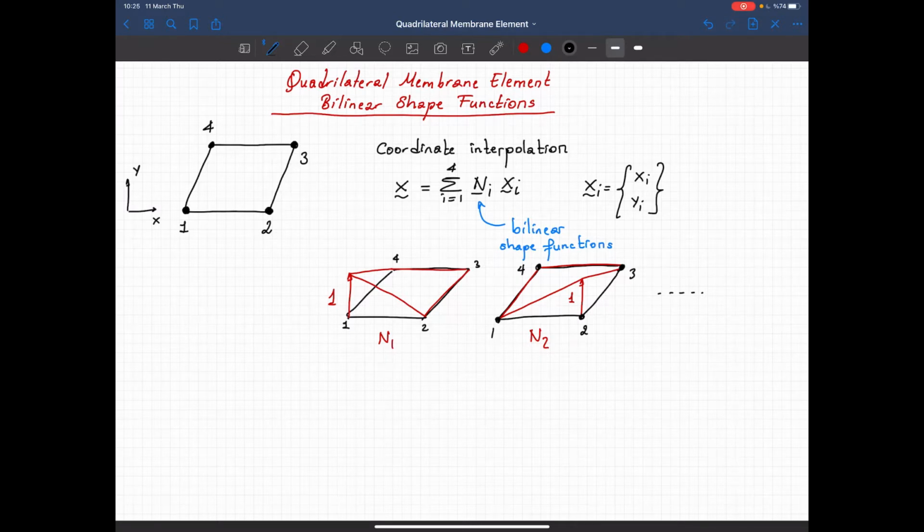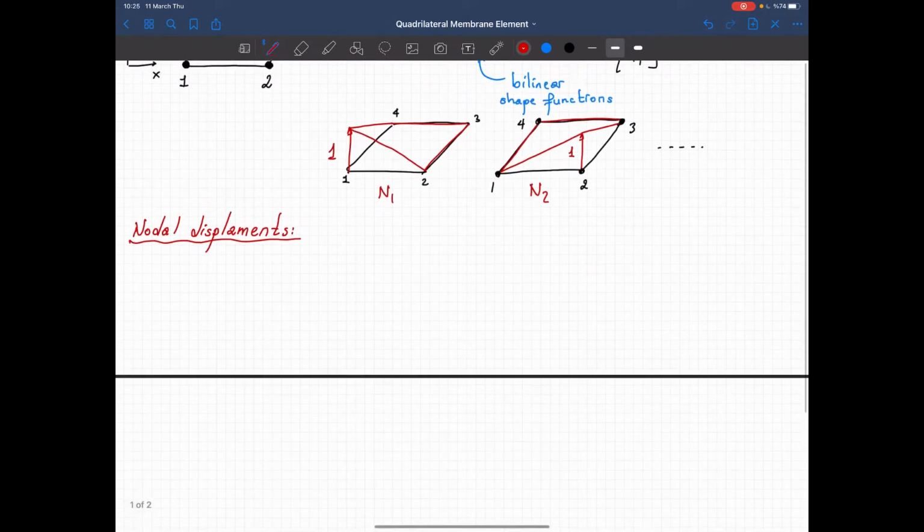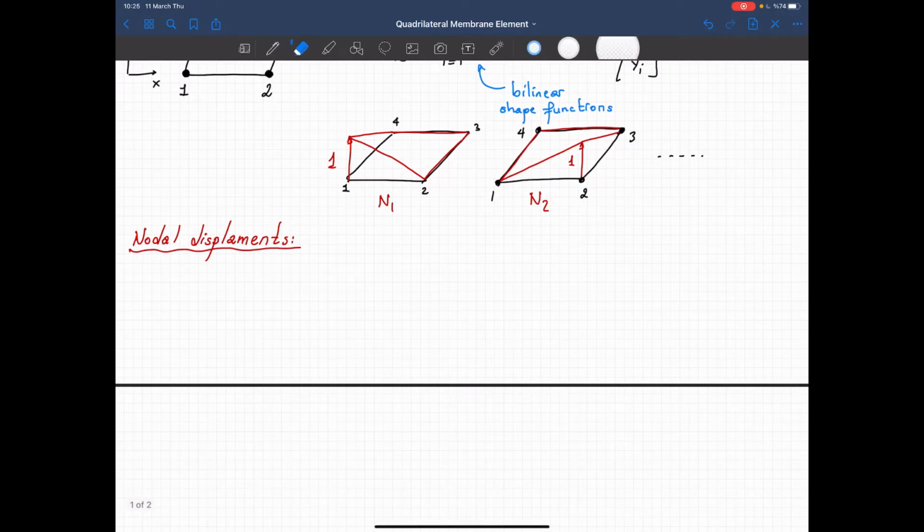Now let's also define the displacements. Let me correct this. Nodal displacements. So again, this is our element that has 4 nodes: 1, 2, 3, and 4.